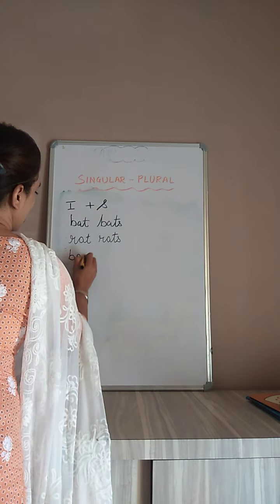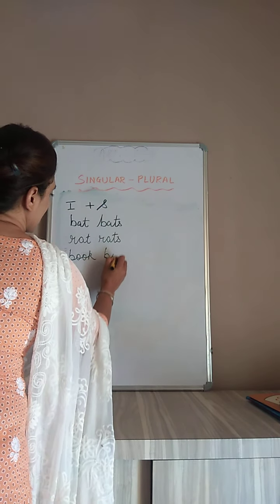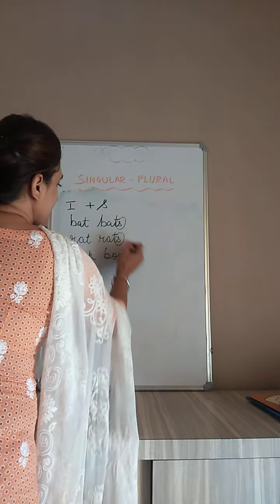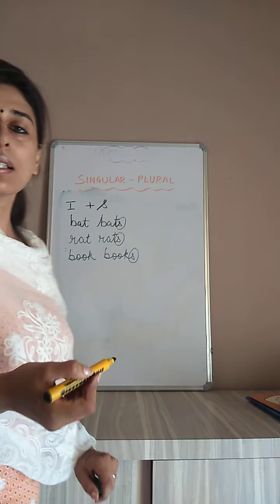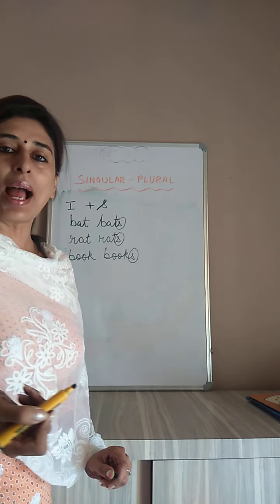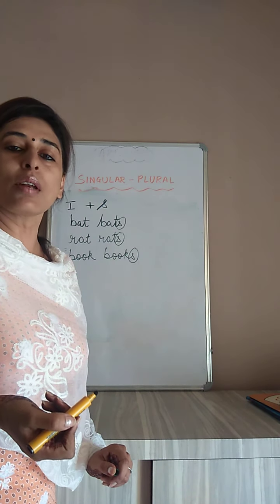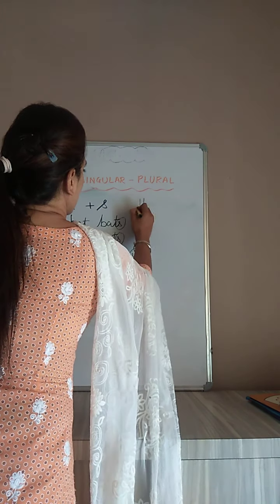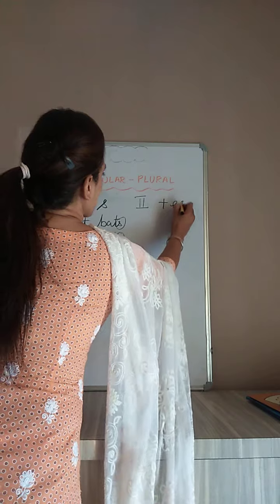Book, books. So we are making their plurals just by adding s. Clear? This is the first and the simplest rule, just to add s and to make the plural form of the word.